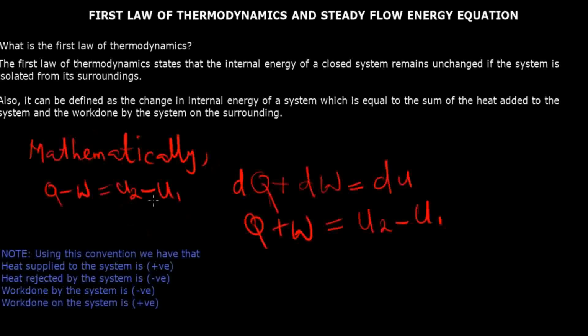For this convention, Q plus W is more practical because in steam engines, heat rejected by the system is denoted with a negative, and work done by the turbine, or turbine work, is always a negative work. We also get to see questions on steam engines and steam turbines, and relate them to all this.